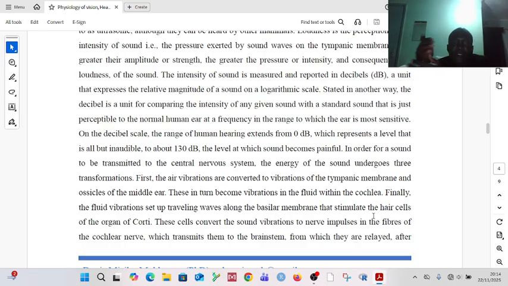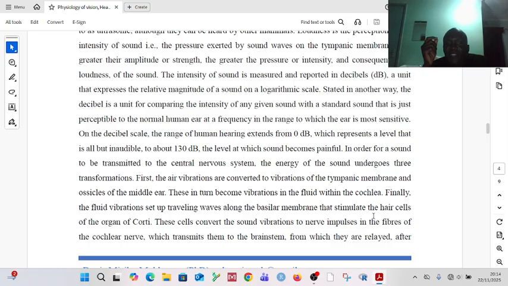Okay? So first, the vibrations of the air are converted to vibrations of the tympanic membrane. The tympanic membrane is your eardrum. Something should happen in the air, then it has to be picked up by the ear until it hits your eardrum, so that your eardrum can now vibrate.